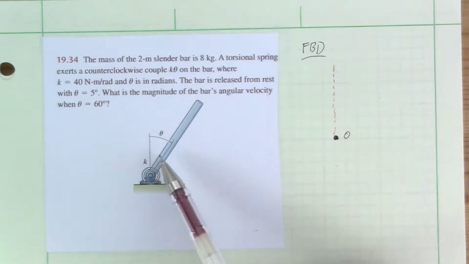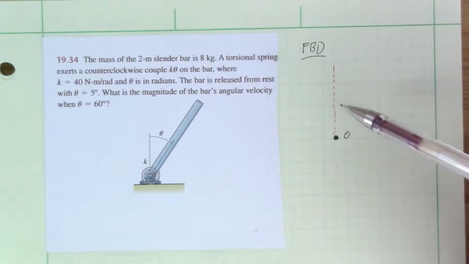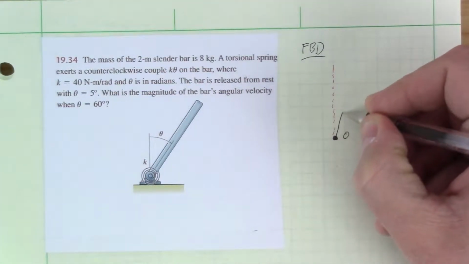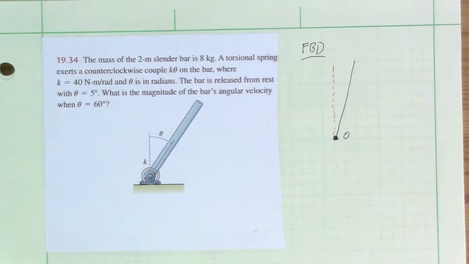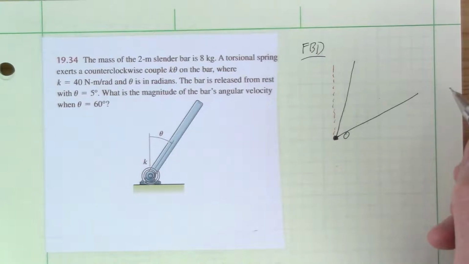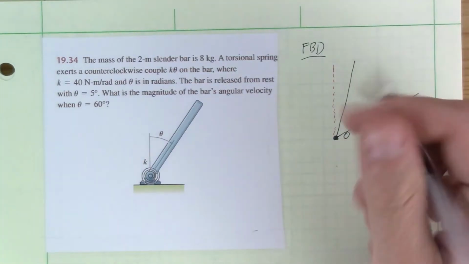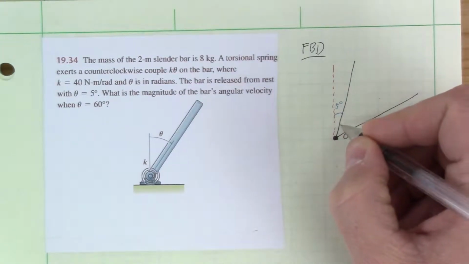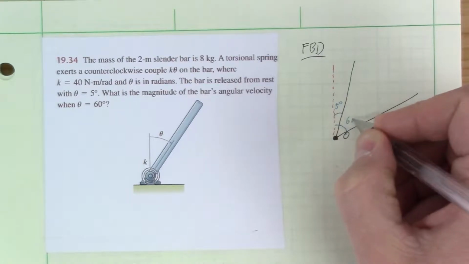So if theta is 0, that would be the undeformed state. Okay, so then we deform it here at 5 degrees, and I'm even exaggerating that. And then we also have 60 degrees as the 2 different positions. Let's say here is 5 degrees and here is 60 degrees.